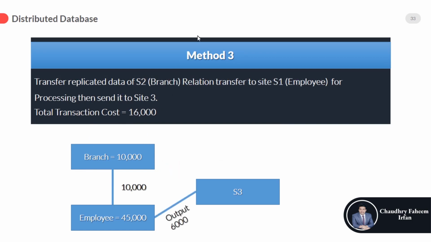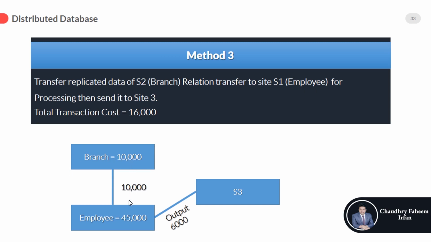Method 3: transfer the replicated data of S2, which is the branch table relation, to site S1, which is employees, for processing, and then send the result to site 3. So here is the branch at 10,000 bytes.